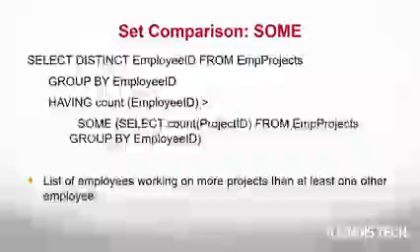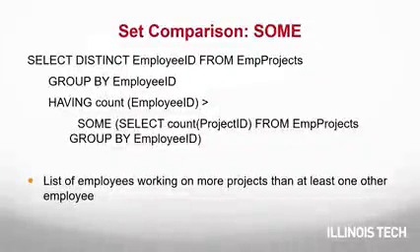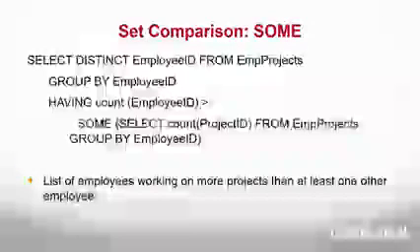We can do this by simply replacing the keyword all in the last example with the keyword some. Here we're saying the count of employee ID has to be greater than some of the counts in the nested query. So that every employee that is returned will have more projects in the employee projects table than at least someone else.